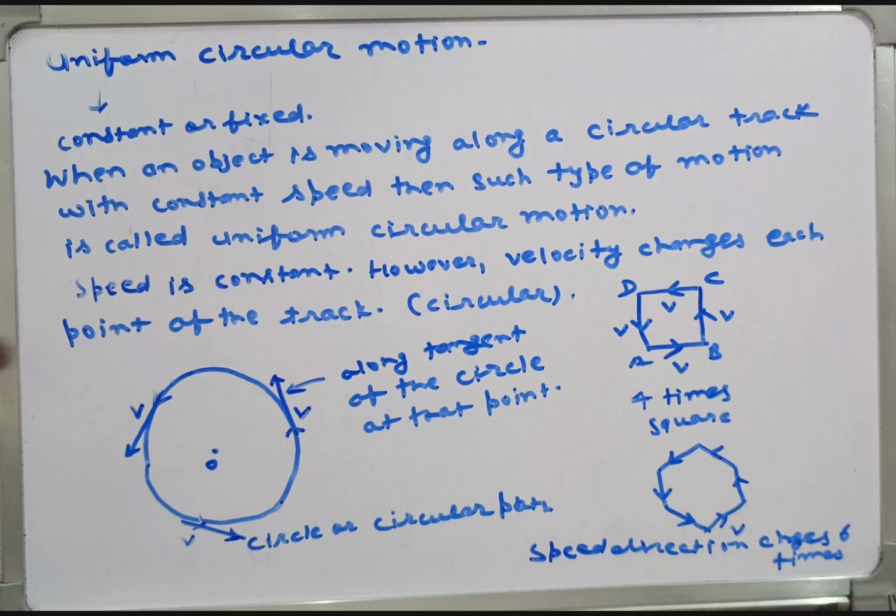So when you increase the number of sides of a regular polygon, in the same proportion the number of times the direction of motion of an object changes.